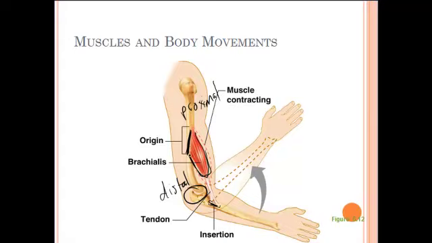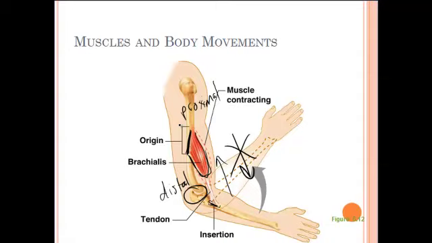So when the muscle contracts, this muscle is going to shorten, the insertion is pulled towards the origin, and that causes the movement. Notice that this muscle, the bicep, can only pull in this direction. It is never going to push. That has to be another muscle. That has to be your triceps, in this case, would be pulling that arm straight again.